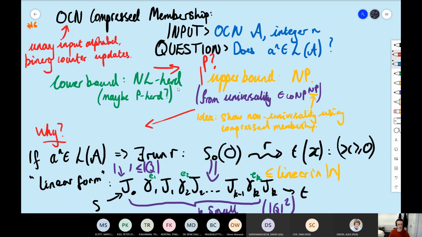At the moment, I'm spending a while looking for interesting counter nets that have cool gadgets in them. They maybe accept weird sets of words. Maybe forget universality for a minute, just looking at interesting counter nets for which the compressed membership is therefore tough. If I have an odd language for an interesting one counter net, then it feels like compressed membership is therefore quite tricky.